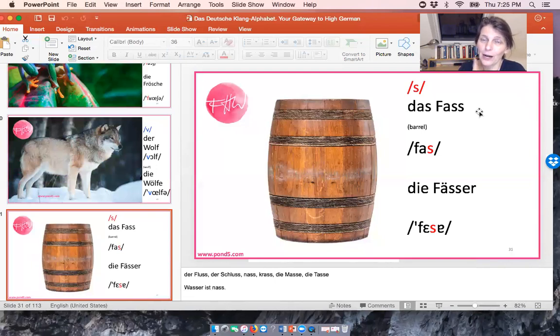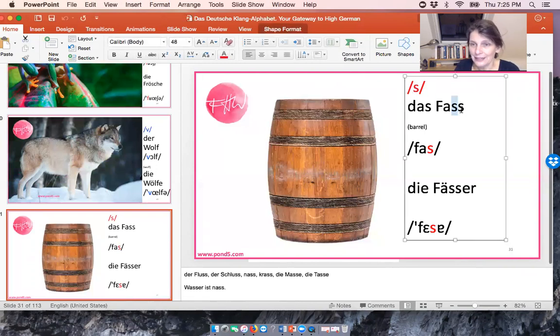At the beginning of a word, the letter S represents different sounds. I mean, a voiceless sound in English and a voiced sound in German. And because we don't have this phoneme at the beginning of a word in German, I had to use this symbol to represent that sound.